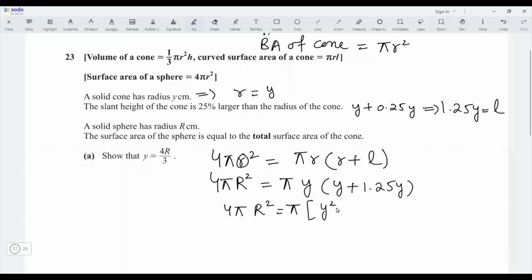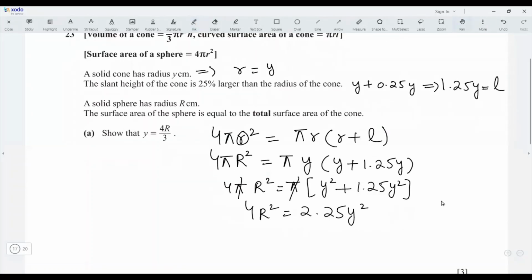Y will be multiplied by y, y times y will be y squared. We can add them, because these were like terms we haven't added, but we can add them in the previous part as well. This pi can be cut. So 4R squared equals y squared plus 1.25 y squared, which gives us 2.25 y squared.